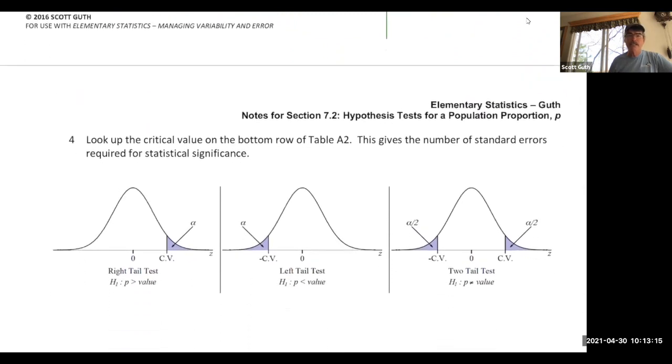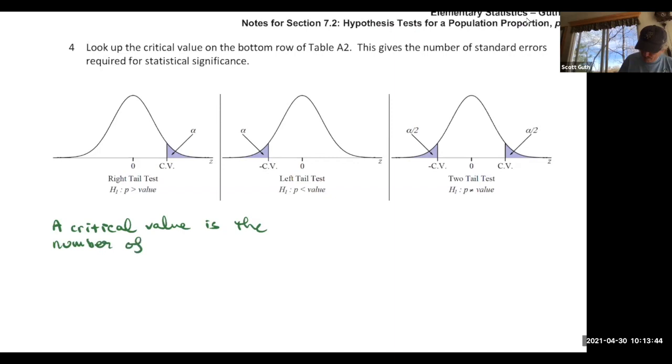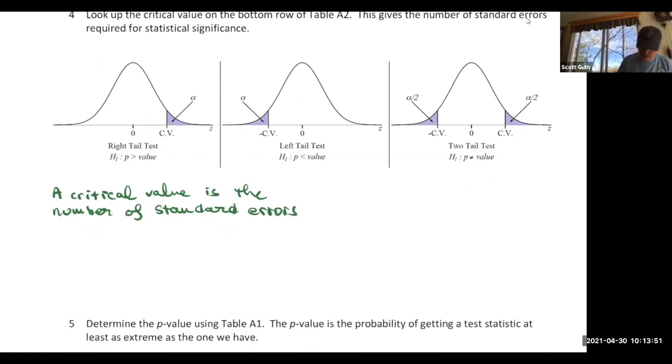All right, now the next thing is there's a critical value on the bottom row of table A2. We have right-tailed tests, left-tailed tests, and two-tailed tests. So first of all, a critical value is the number of standard errors required for statistical significance.